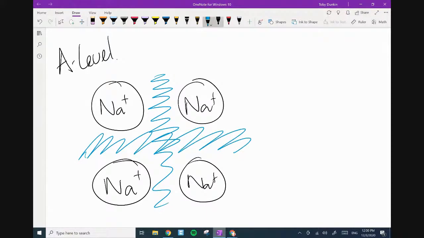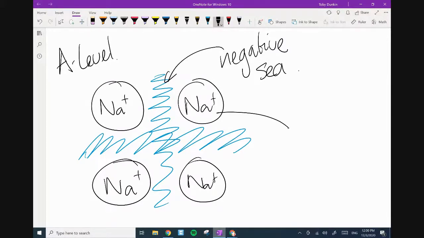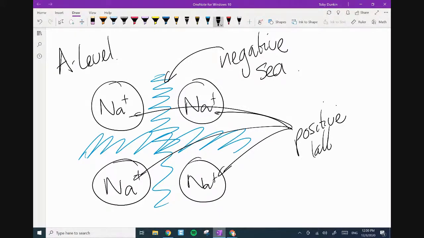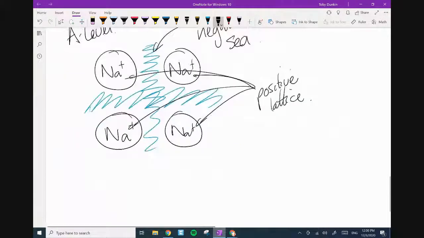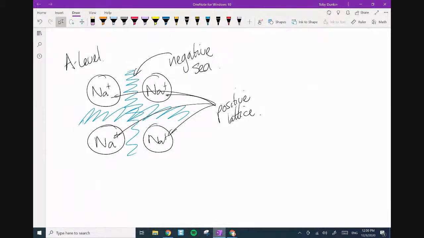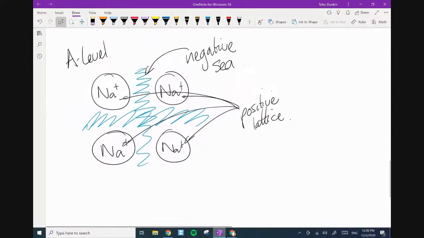So we have got a negative sea and a positive lattice. The great thing is this is like a bit of an evolution from ionic, really, because the same factors apply.